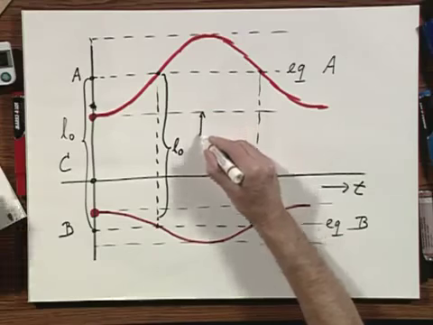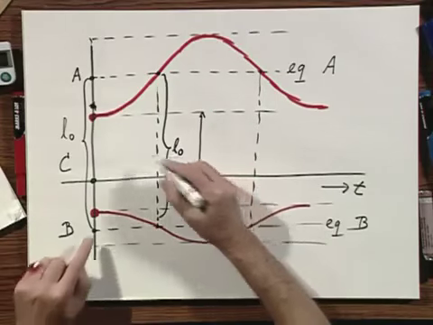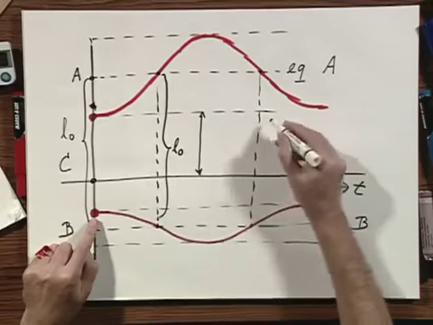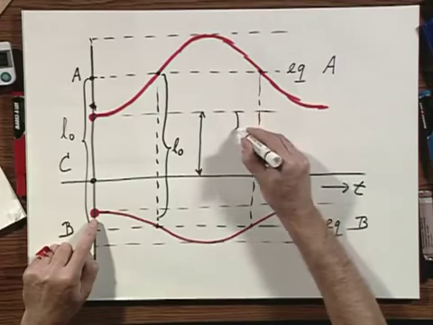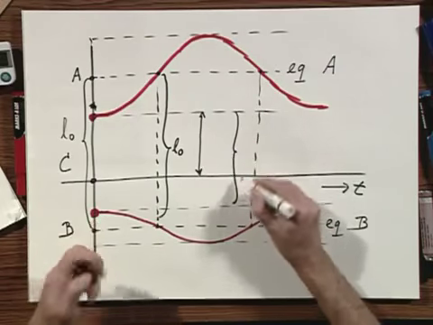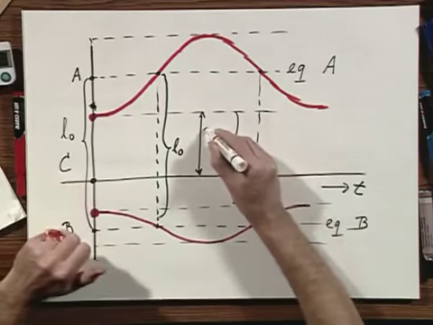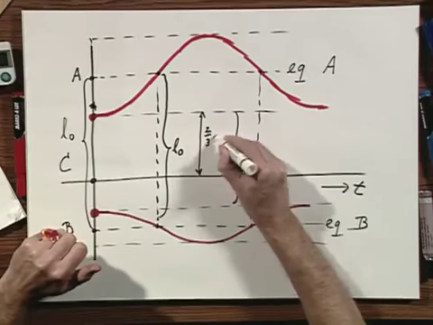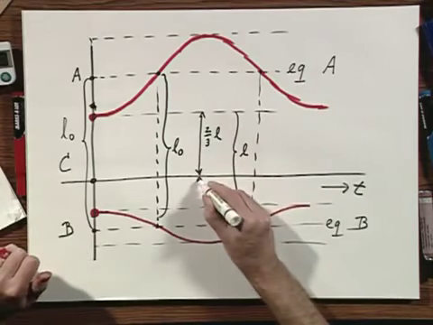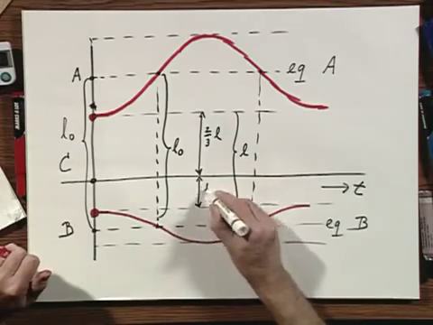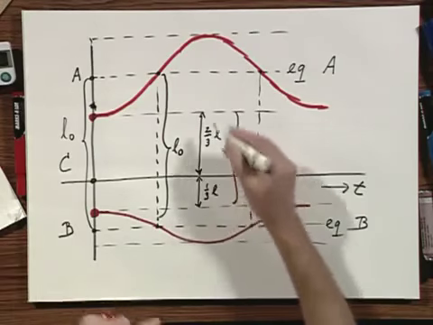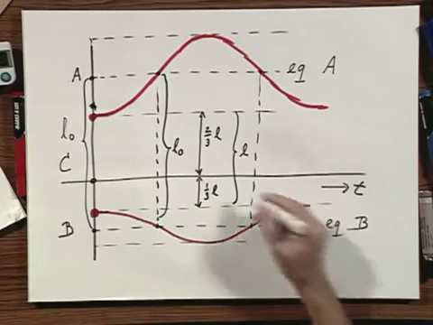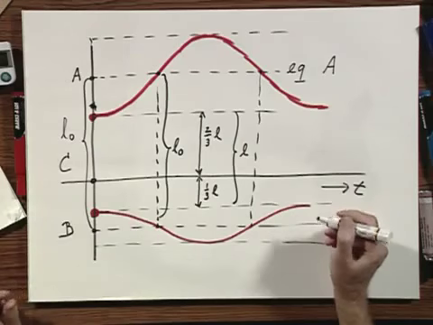This distance here, if we make the total length of the spring after we squeeze it L, then this is 2/3 L, and this is 1/3 L. Remember, that's the only way that the center of mass can stay in place.